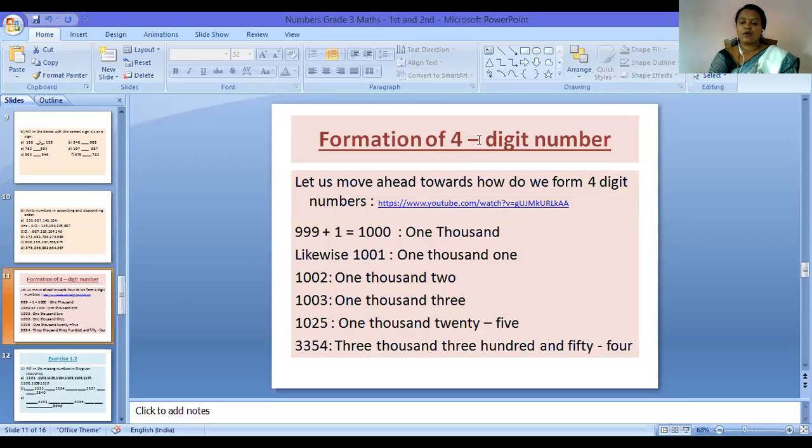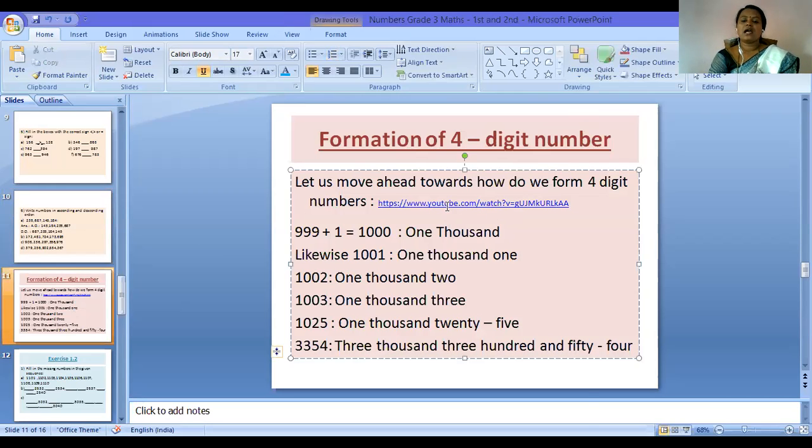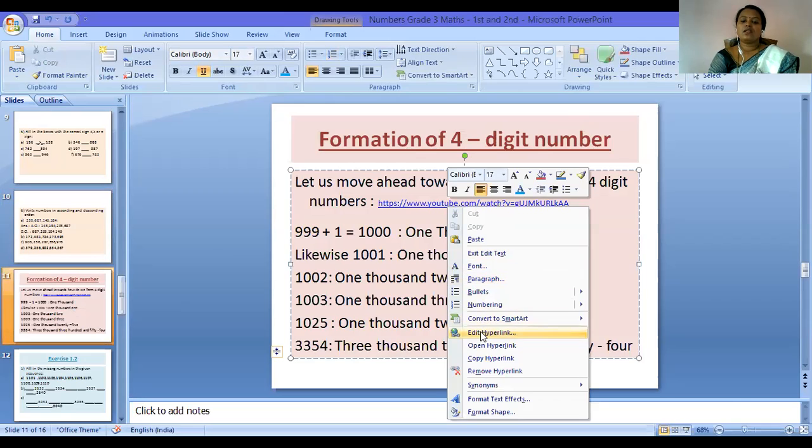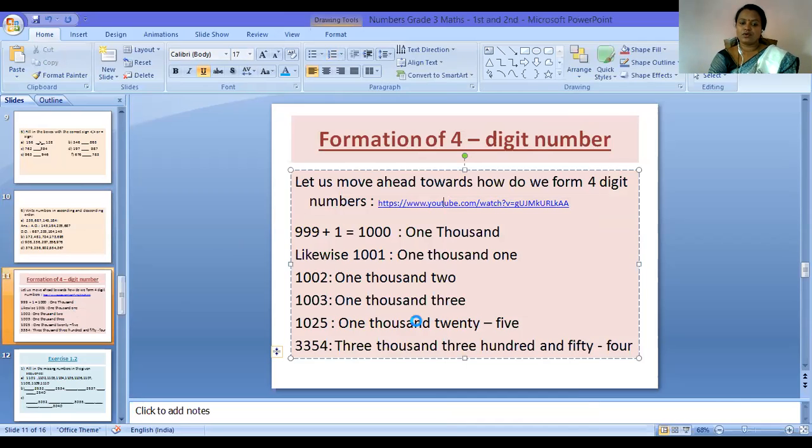Next comes the formation of 4-digit number. Yes, in grade 3 we are going to learn about how to form 4-digit number. So before this, I would like to take you to the video. So let us move on to this video.